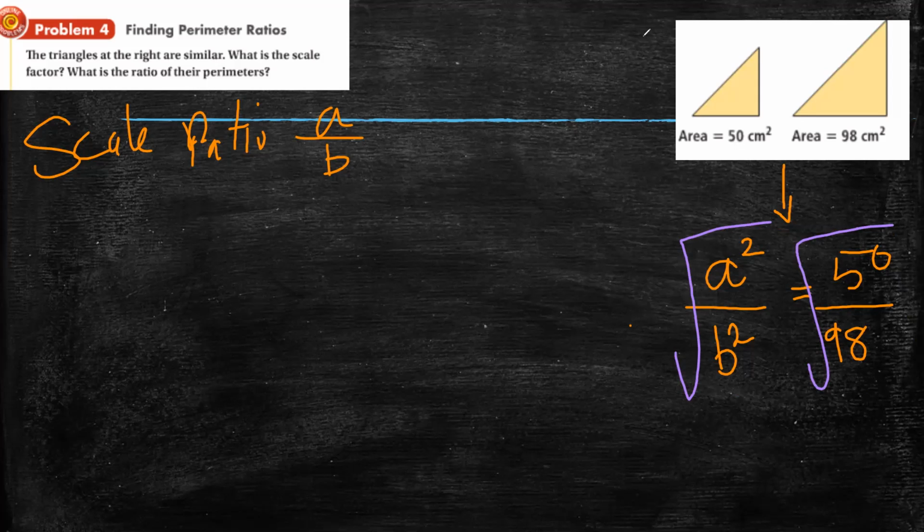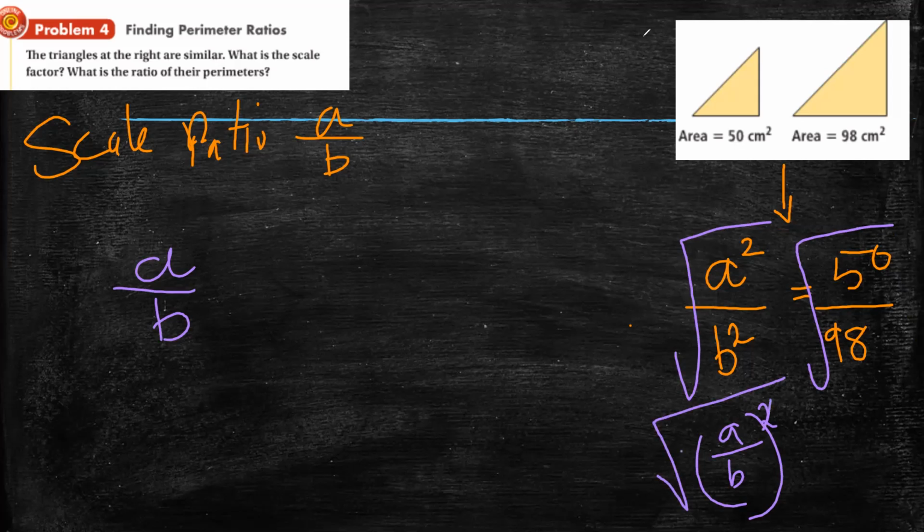All of us know that the square root of A²/B² will be A over B. Why? Because A squared over B squared, the square root cancels the square, so it will be A over B. So A over B is the square root of 50 over 98.